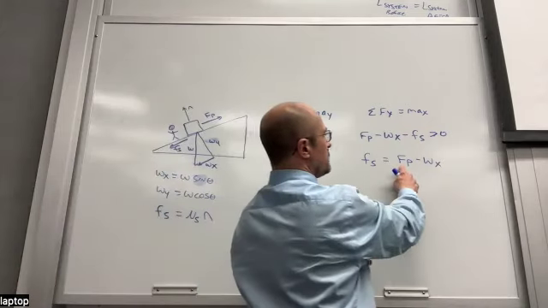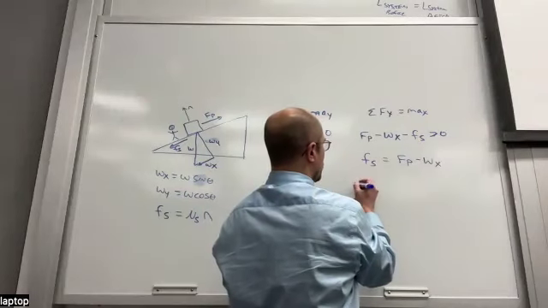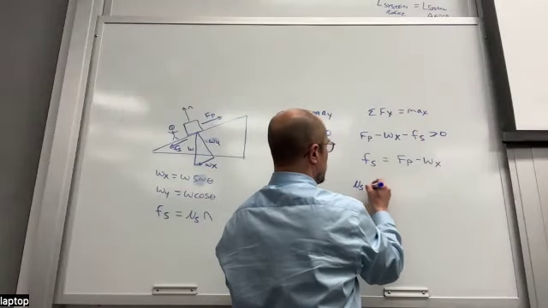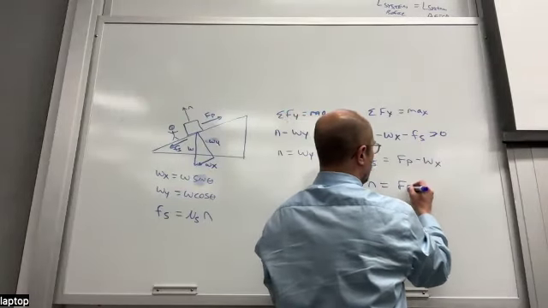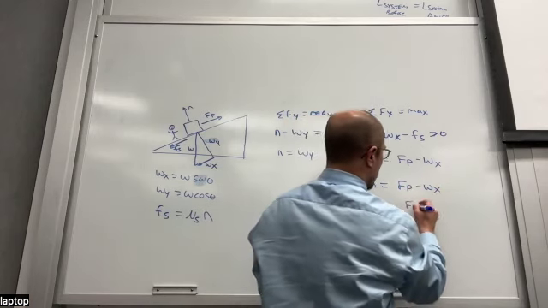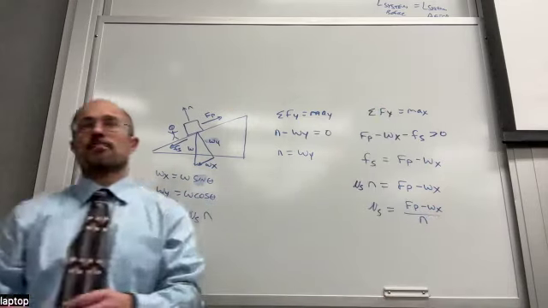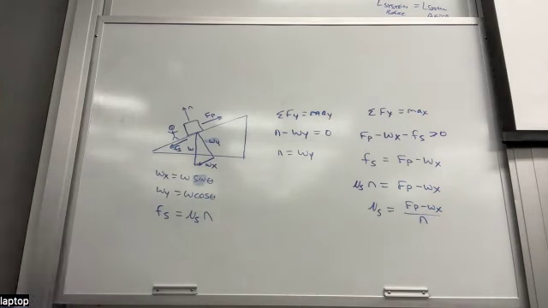And because they gave us this and we know the mass of the box, this is a number. And so we see that mu s times the normal is FP minus WX, or mu static will be FP minus WX, in that case.